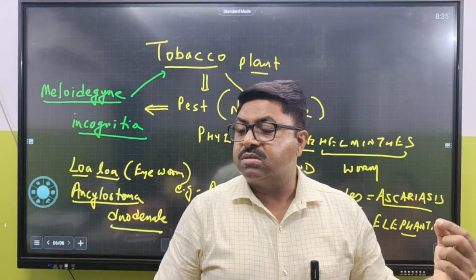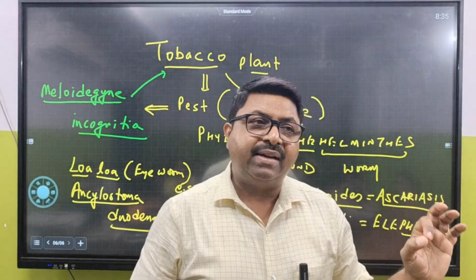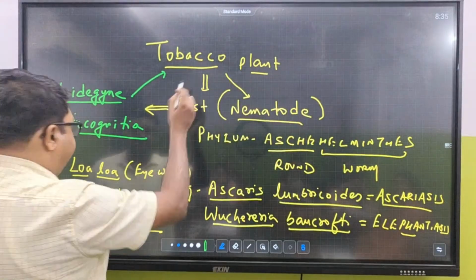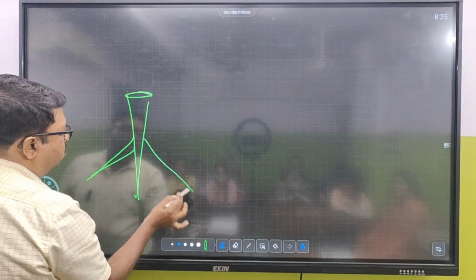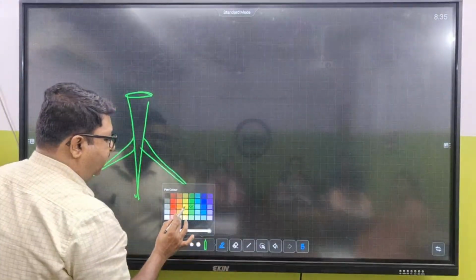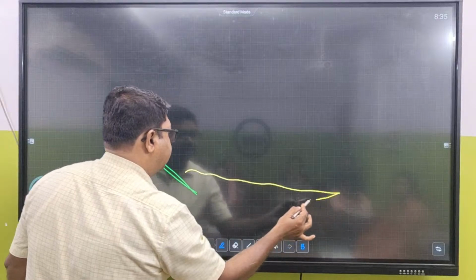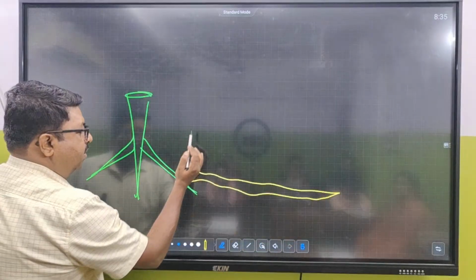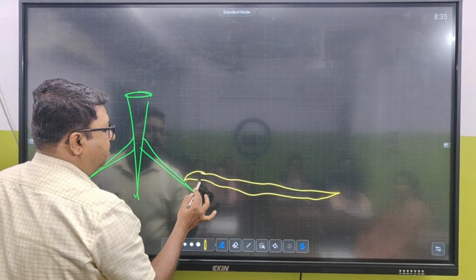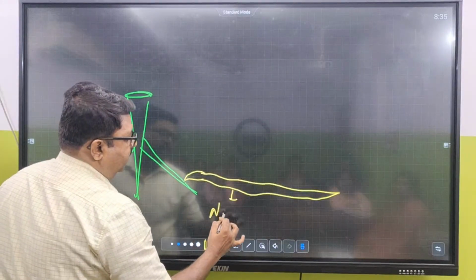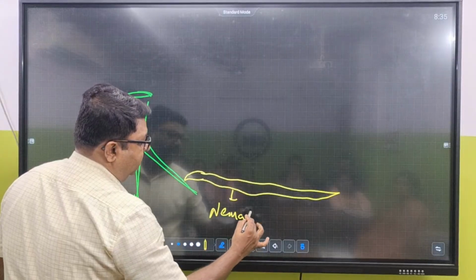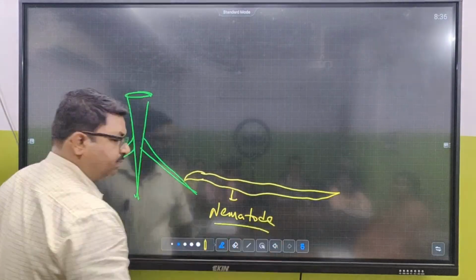Or flowers? Root. It infects the roots of the tobacco plant. If this is the root and this root is being infested by this nematode. It is not looking like a snake, no? It's a nematode called Meloidogyne incognita.